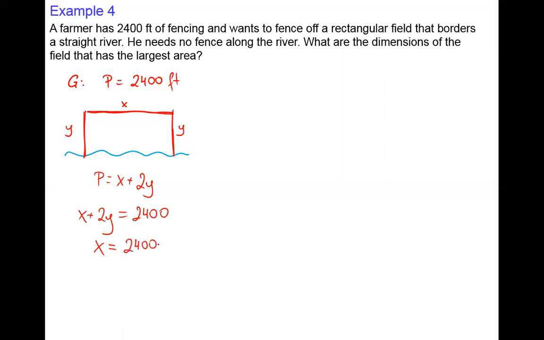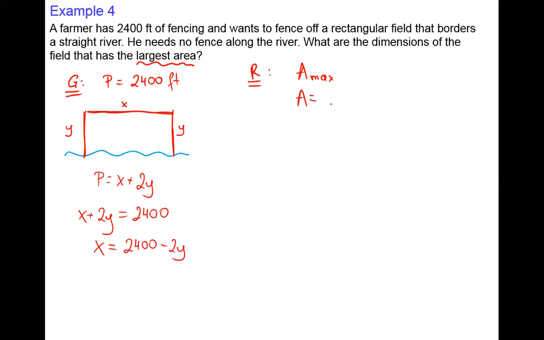And I can solve this equation for x. This will be 2,400 minus 2y, because we just learned that we will need one variable in terms of the other to get the function of one variable for maximization. Okay, that means that's the given information. The required information is an area, maximizing the area, the largest area.